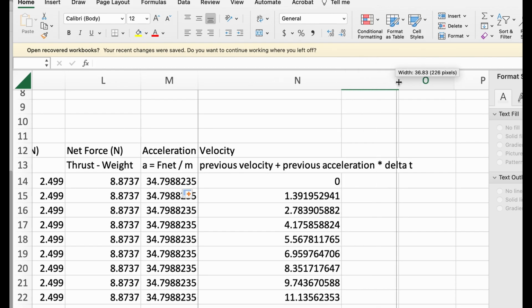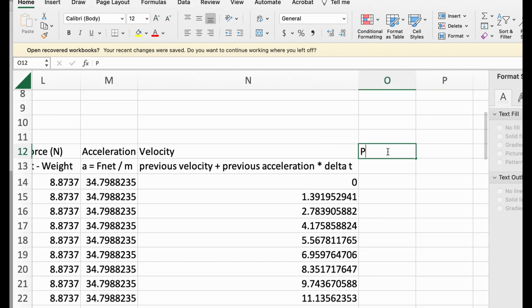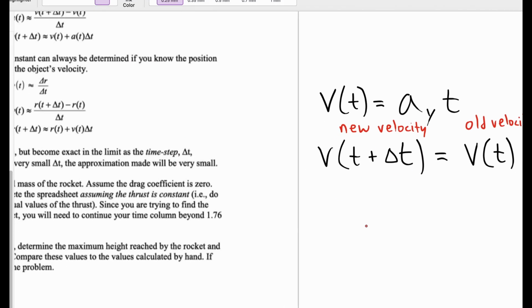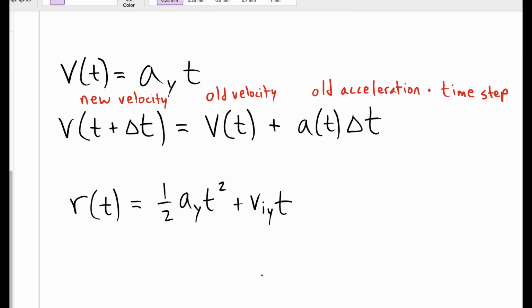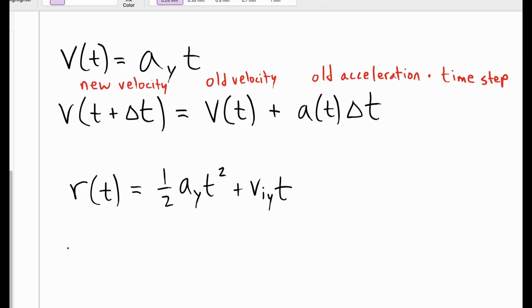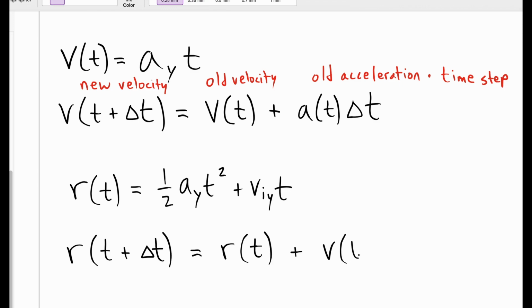Now we just want a position column, and we just want to use the same approach. The r of t would have been given by 1/2 a t squared plus v_i t. But what we're going to use instead is that the new position equals the old position plus whatever the velocity was a moment ago times our delta t.